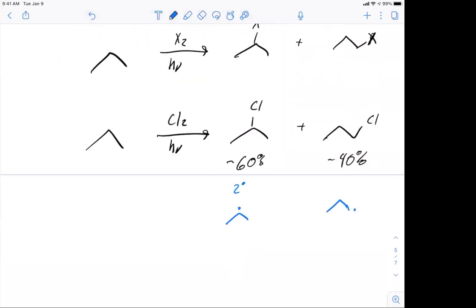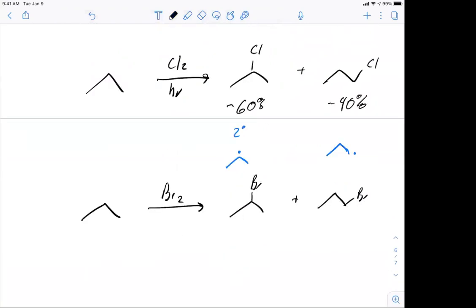If we look at bromine, in this case, all of a sudden we get a shift in our selectivity to about 97% of the bromide, the secondary, and 3% of the primary.